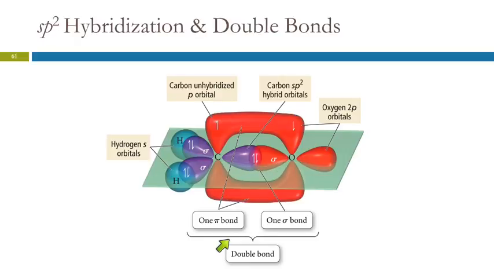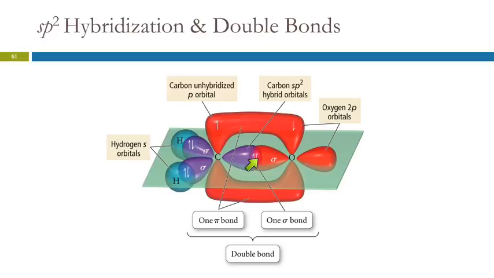And then we've got this p orbital that's half-filled on the carbon, and this p orbital that's half-filled on the oxygen, and they're sticking straight up and down. They can't overlap end to end like these are doing. So they do this really weird side-to-side overlap thing. Do you think that overlap is as good as this overlap? No, it isn't. So we have 2 different kinds of bonds here.